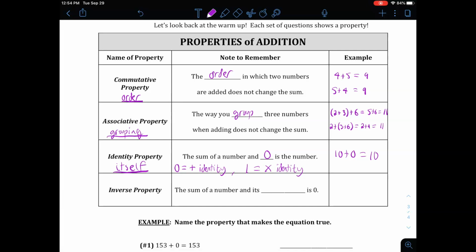Inverse property, the sum of a number and, so we did 7 plus negative 7 equals 0. Okay, looks like we added the sum of a number and, oh, I put itself on my paper. It's actually its opposite, right? I'm going to fix that on my sheet, actually.